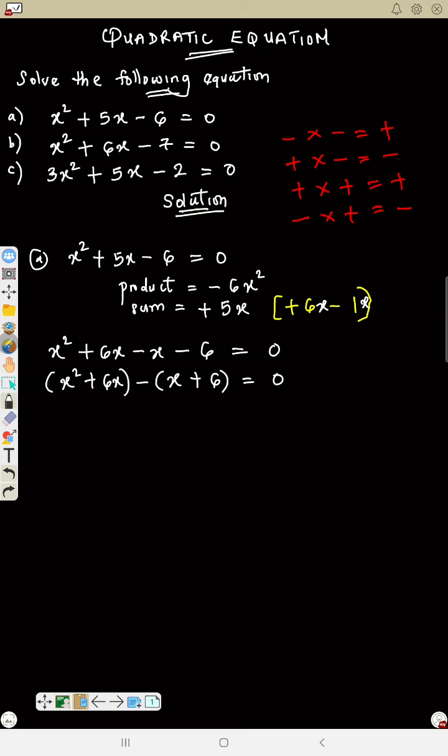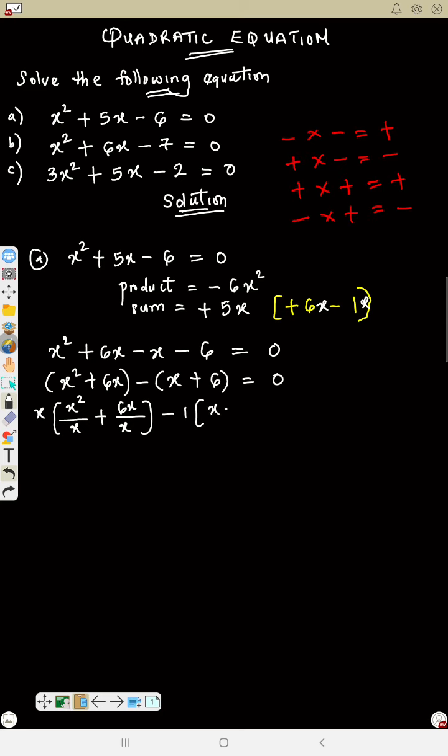So now what is common in this bracket, what is common in this bracket? So x is common here, and I told you anytime a number or letter is common, divide through by that. So x squared over x plus 6x over x. What's common here? 1.